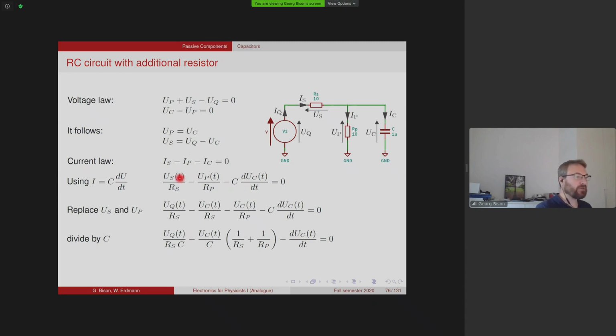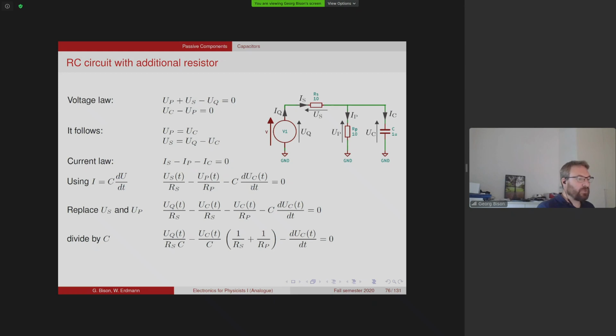we can replace all the currents in this law with the characteristic equations. For the resistors, this is simply Ohm's law. And for the capacitor, we use the relation between current and the derivative of the voltage that we talked about in the last lecture.